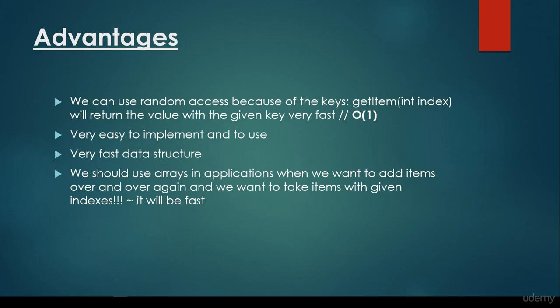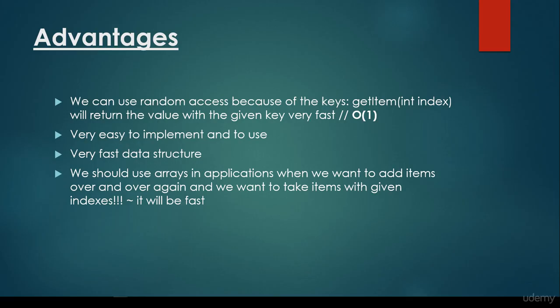We are going to talk about linked lists, and linked lists do not support random access in the sense that if we would like to return a value, first we have to search for this given value. Here, for arrays, if we know the index, then we are able to return it without any problem in constant time complexity. So this is random access.